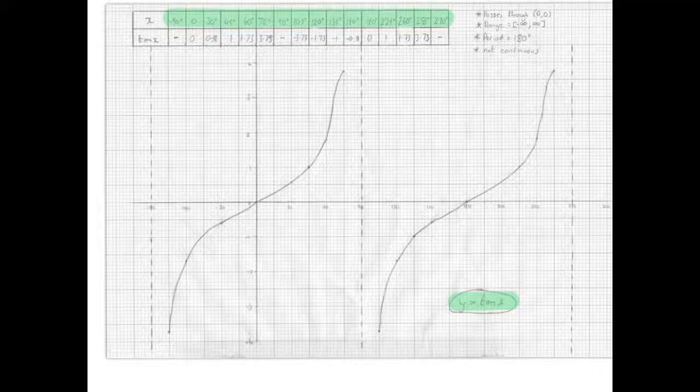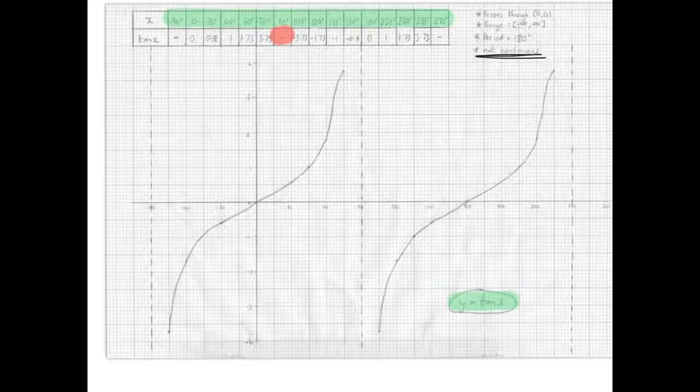And what you'll notice is that if you try to type, for example, tan of 90 degrees, your calculator will actually get an error. And that's because tan is not a continuous graph because it has what's known as asymptotes at 90 degrees, 270 degrees, minus 90 degrees, and so on.